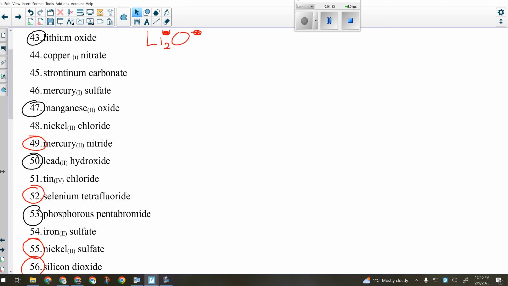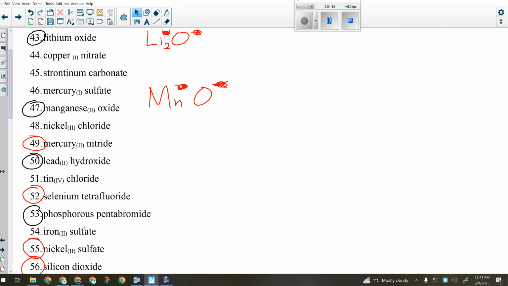For number 47, manganese 2 oxide, what does the Roman numeral tell me about manganese? Its charge is 2. So I'm going to have Mn with a 2 plus, oxygen with a 2 minus. That already works out, so it's just MnO. Or I drop and swap, I get 2 2s and I reduce down to 1 and 1. Whichever way makes more sense to you, as long as we end up with no numbers.